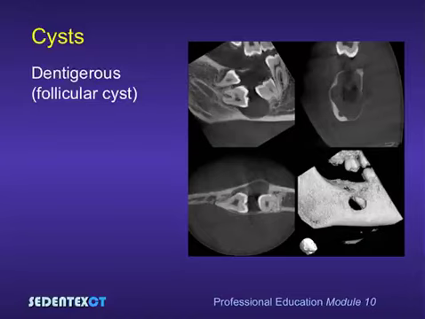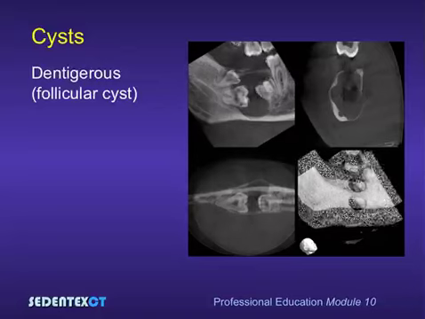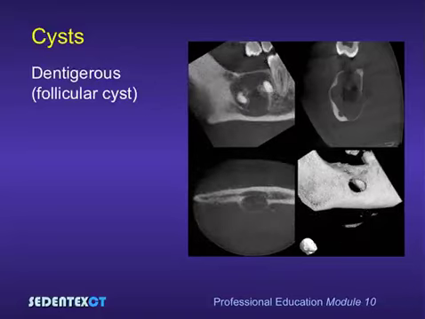The cross-sectional image on the top right shows the thinning of the cortex and a little bit of expansion. This section a little further laterally shows the expansion at the lingual aspect of the mandible better.